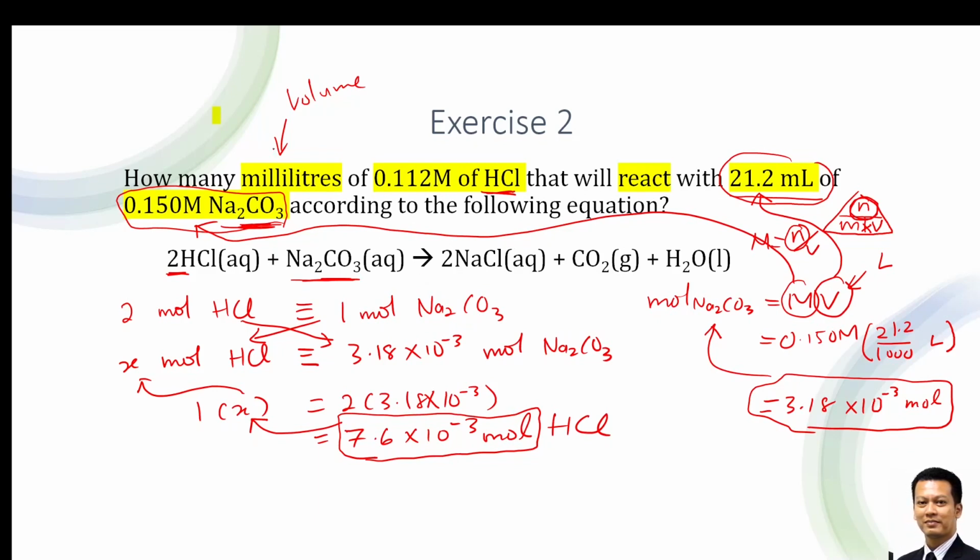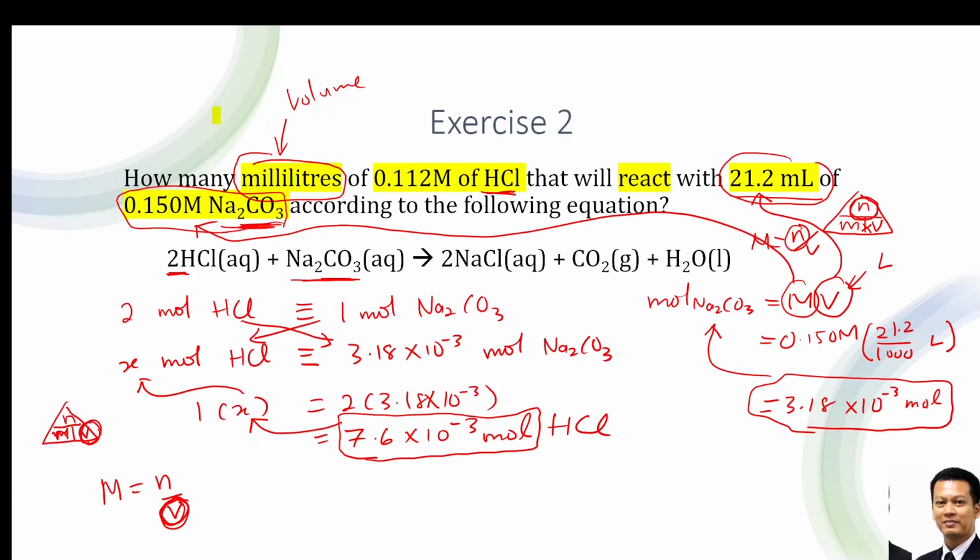The question asks you about volume, milliliters. Again, molarity equals N over V. Now you are looking for volume. If you refer back to the triangle that I drew, M, N, and V, now we are looking for volume, right?